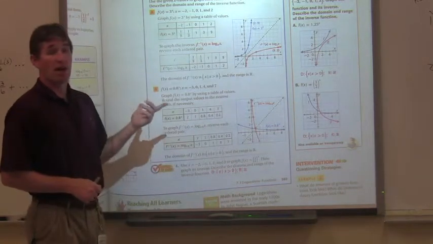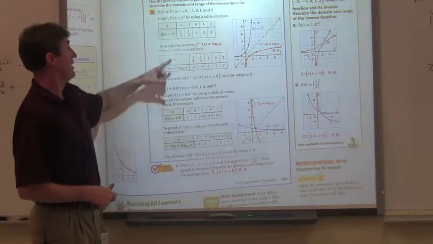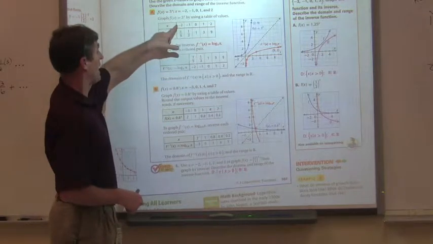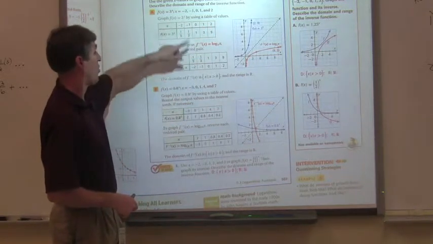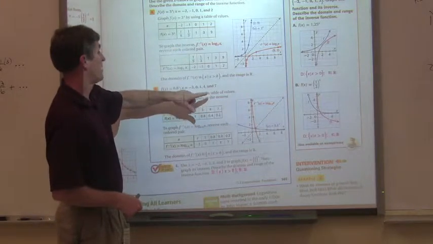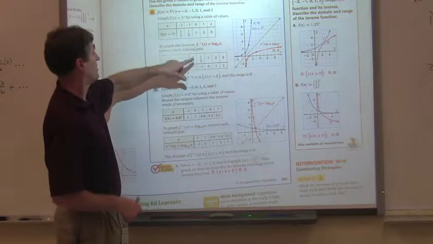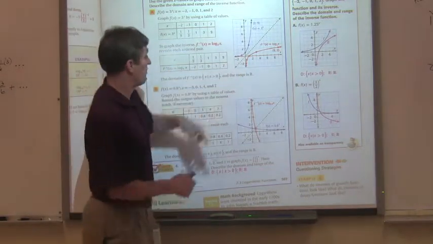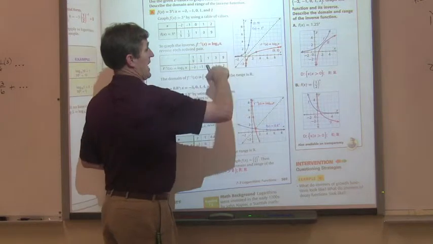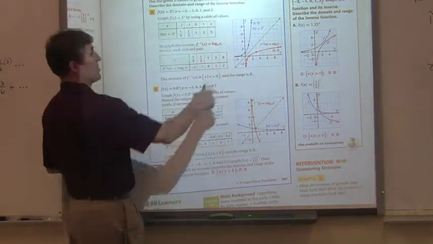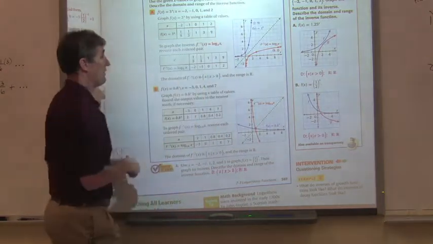They're also going to have you talk about the domain of these, and you have to be careful with the domain. Remember, the domain, I can put anything in for x, so the domain in this case is all real numbers. But the range of this, remember it's going up forever, but it never gets to the x-axis. So our range is y is greater than 0 because it's everything above that.